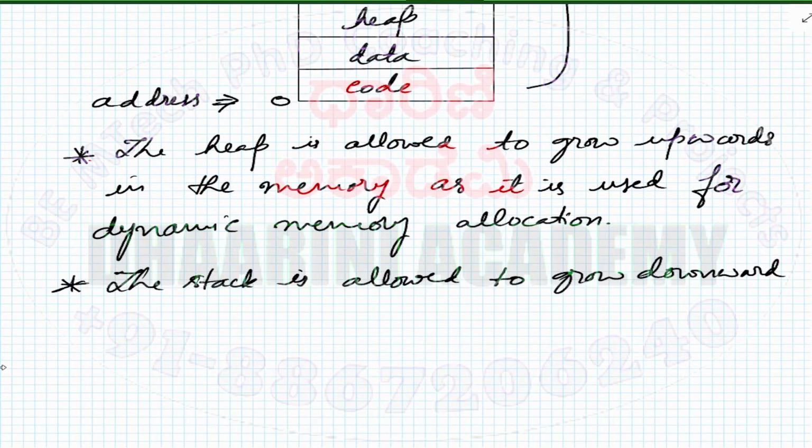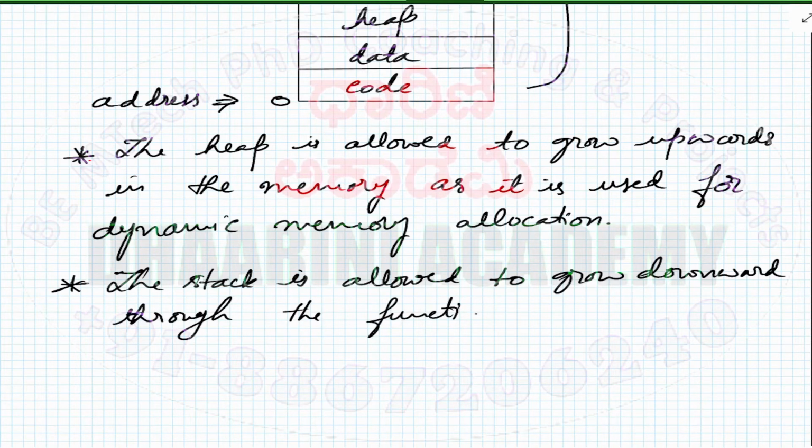But we know that in order to allocate the stack, read the stack, write the stack, we need some functions. So we'll write that it grows downward through the function calls.